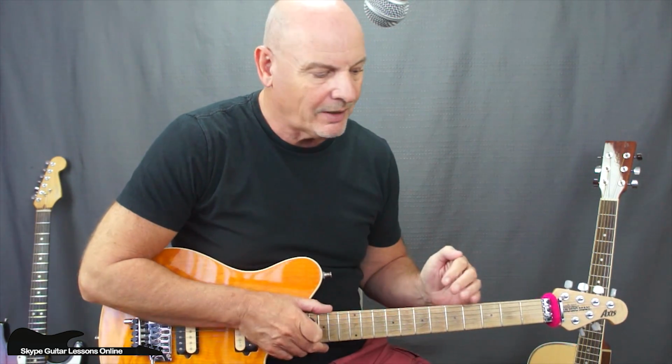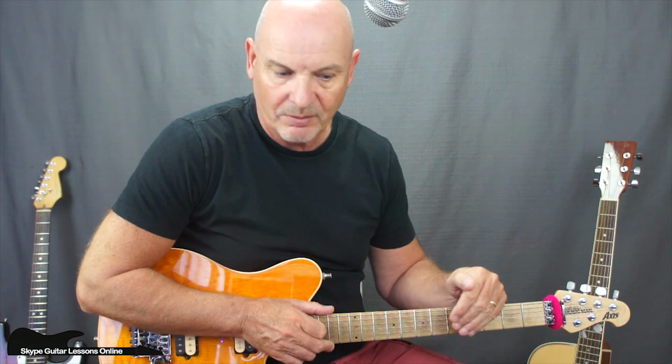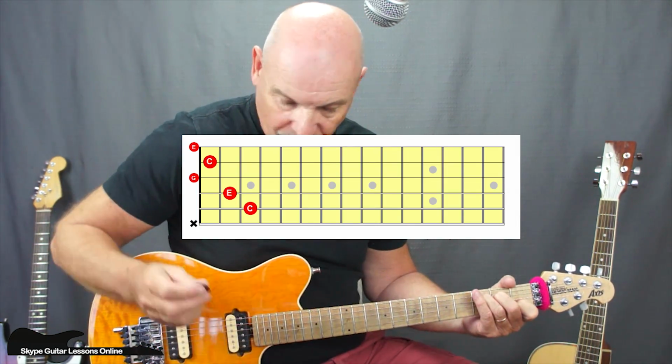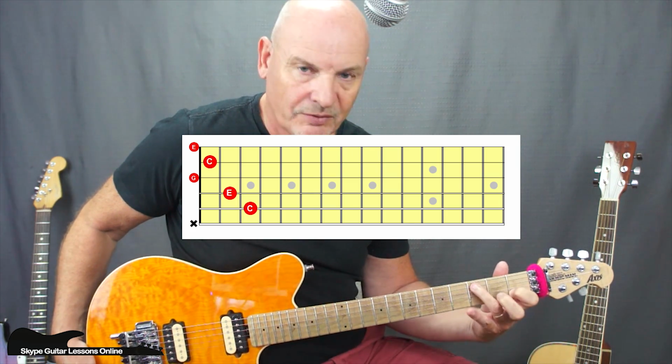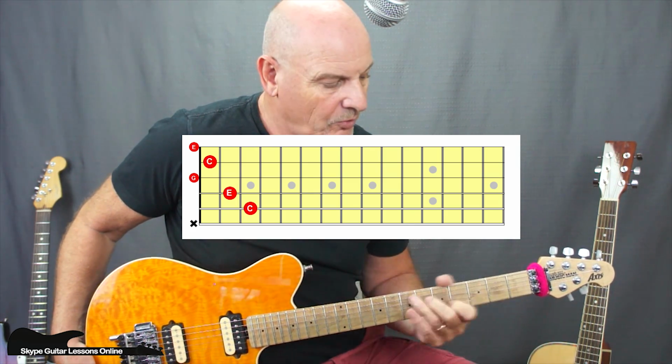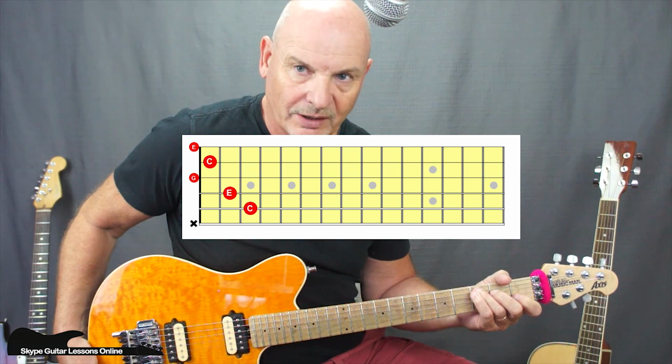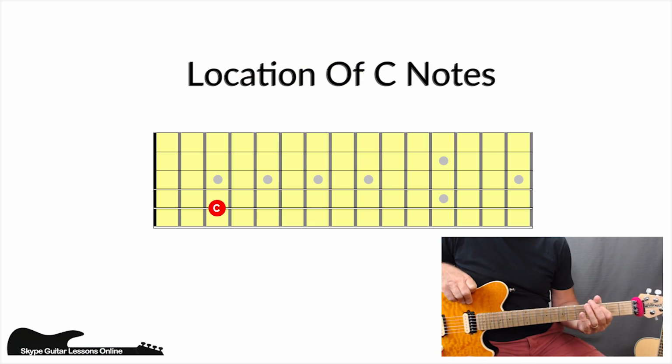So we're going to be looking at how we can move these chord shapes around the fretboard. Now let's look first of all at the C chord. The C chord played here has got a root note of C in this position, which is that 3rd fret on the A string. Now the guitar has different positions for the C. We've got that position there, on the 3rd fret on the A string.